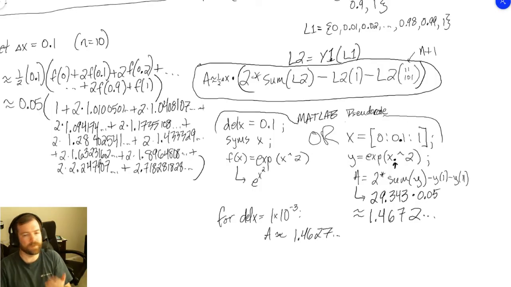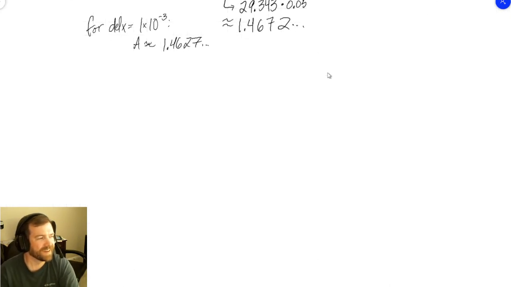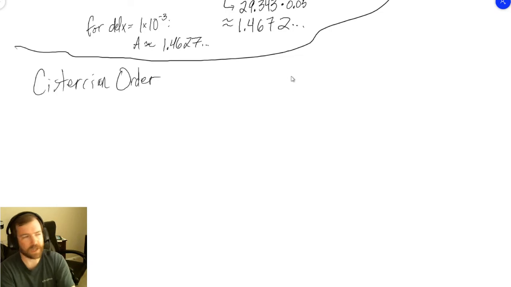All right, so as promised, I need to talk about the Cistercian numbers real quick, for when Matthew gets back. So the Cistercian Order was a bunch of ascetic monks who lived back in the 1000s, basically.